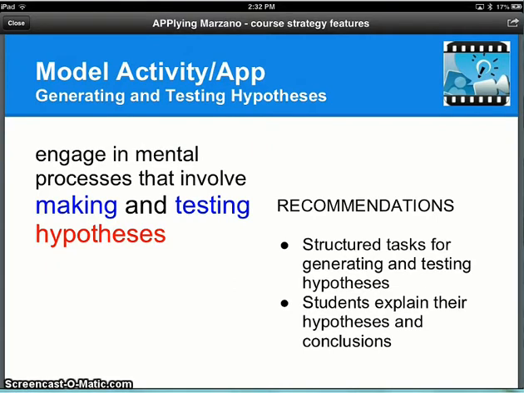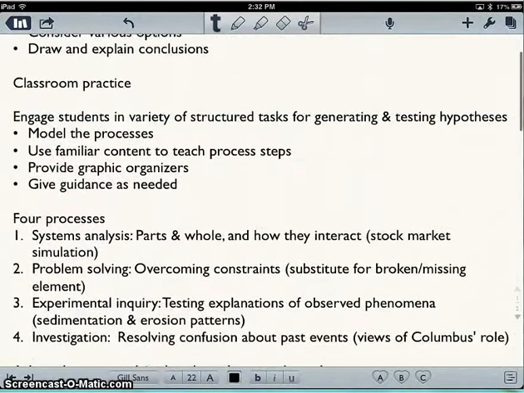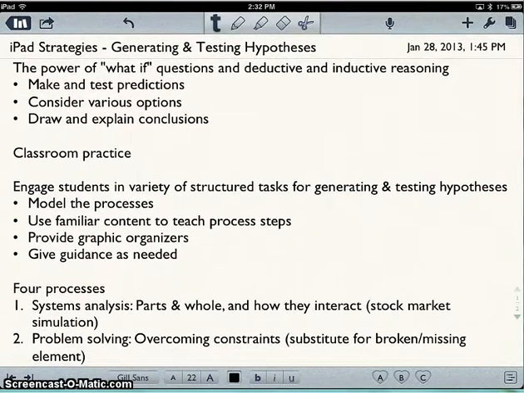So a little bit more about this strategy. So really, this is about reasoning. This is about asking what if questions. So the research talks about the power of making testing predictions, about students weighing different options for how to test those predictions, and then again the metacognition behind explaining what their conclusions are.